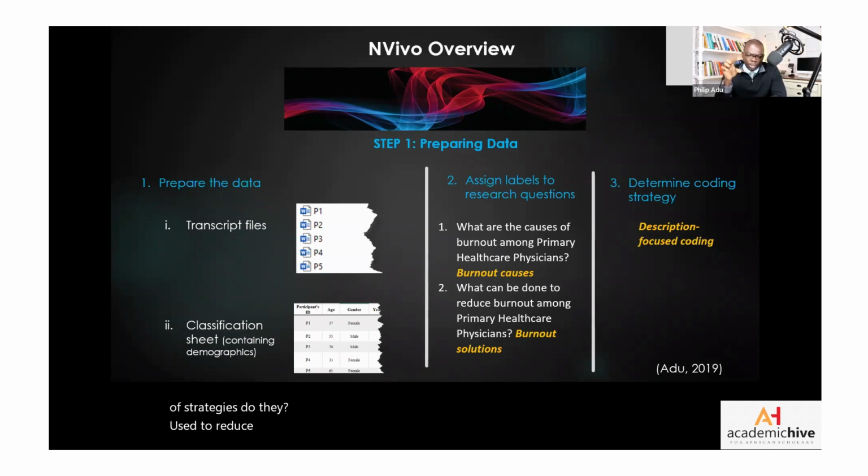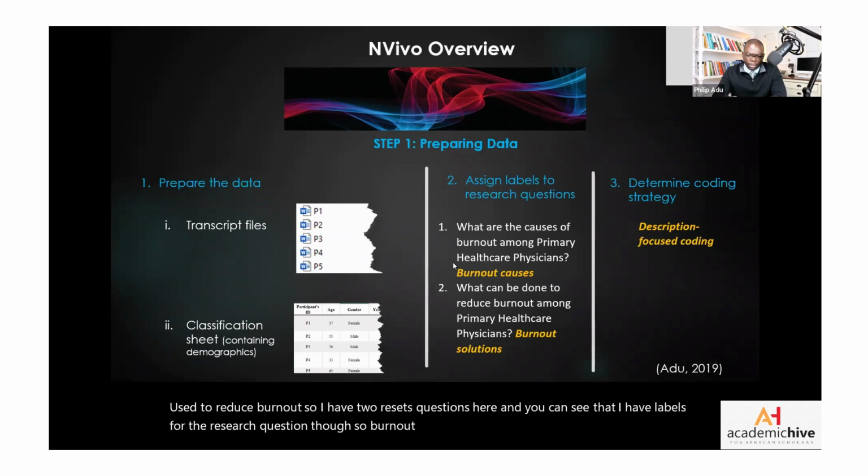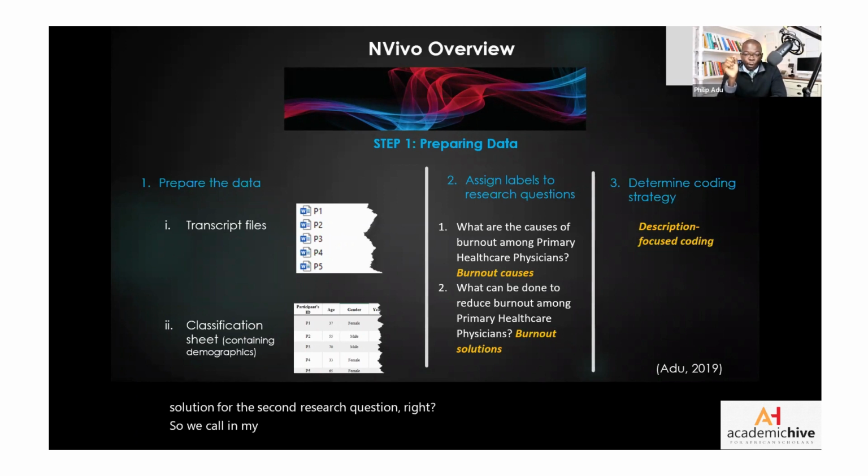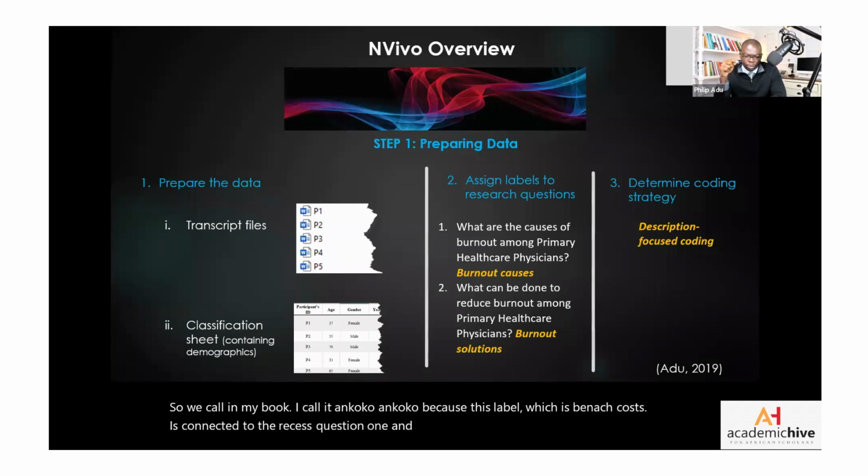So I have 2 research questions here, and you can see that I have labels for the research questions. Those are burnout causes for the first research question and burnout solution for the second research question, right? In my book, I call it anchor code, because this label, burnout causes, is connected to research question 1, and burnout solution is connected to research question 2.